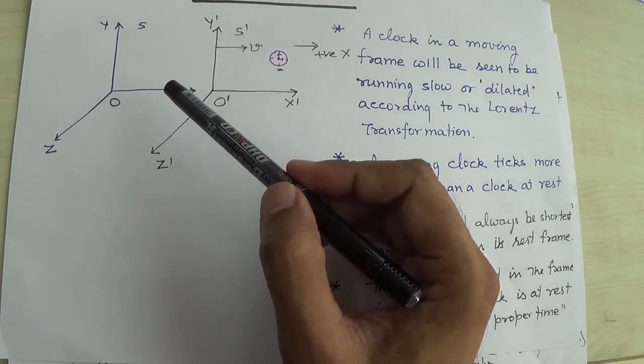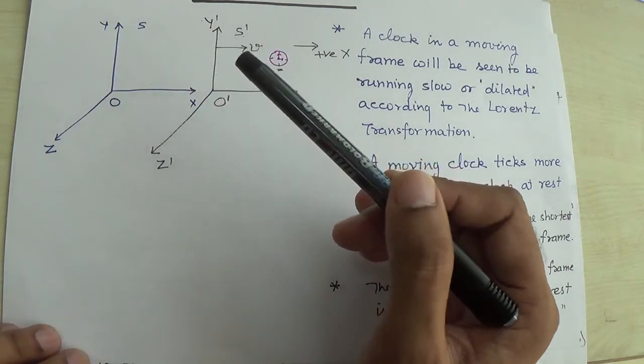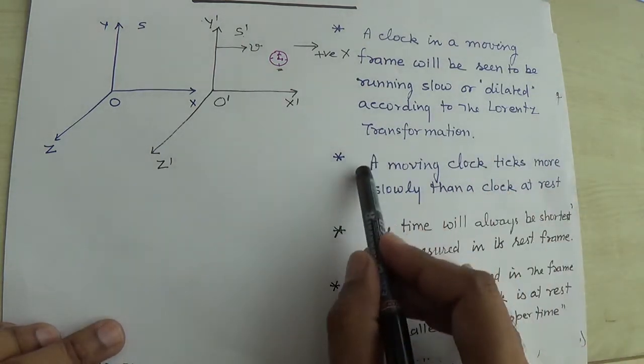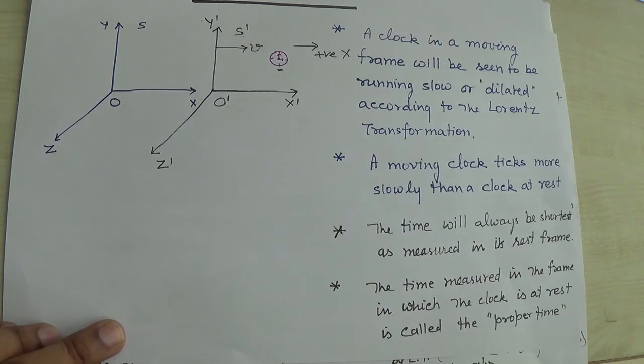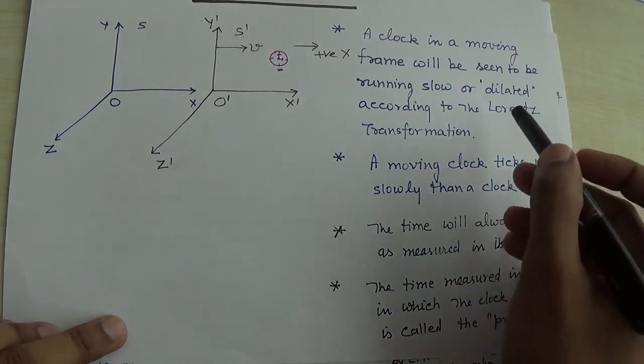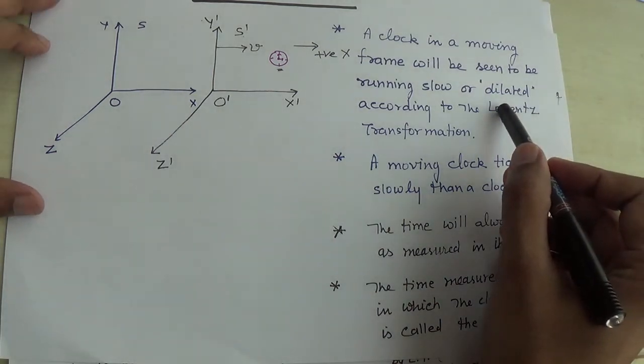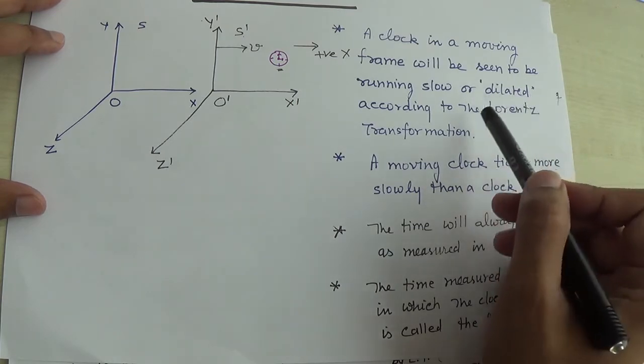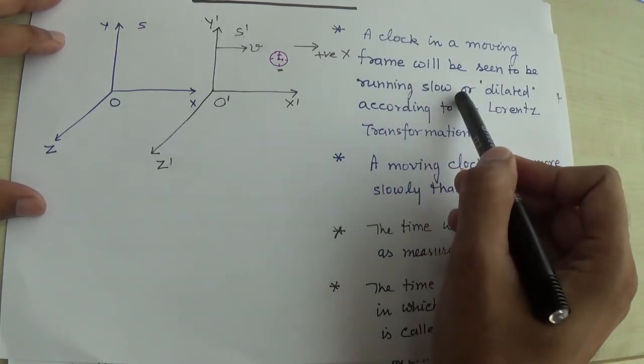This is a classical example without any calculation, but to make this statement clearer. So a moving clock ticks more slowly than a clock at rest, or as I mentioned in the earlier statement, dilated time and running slow.